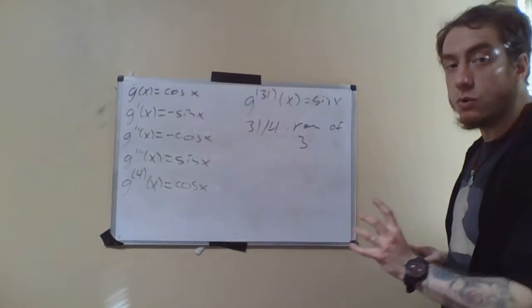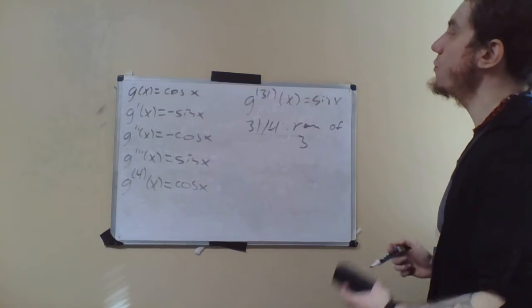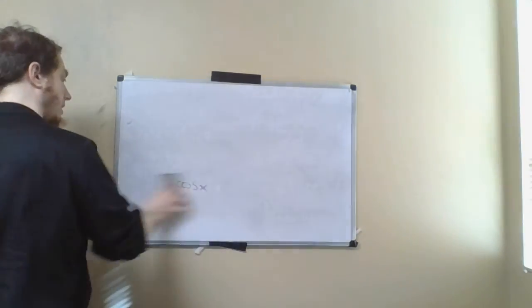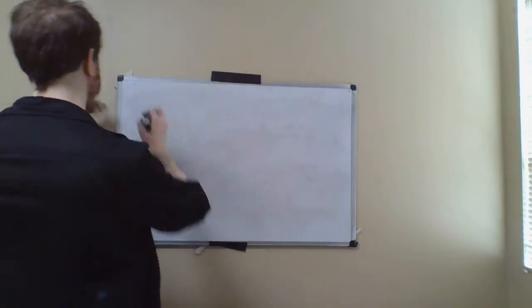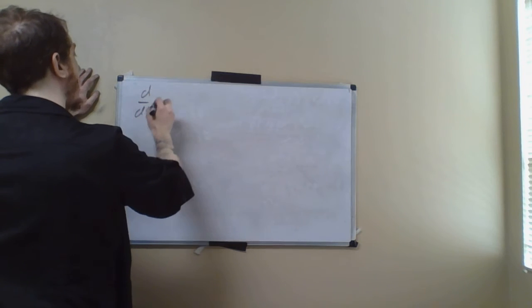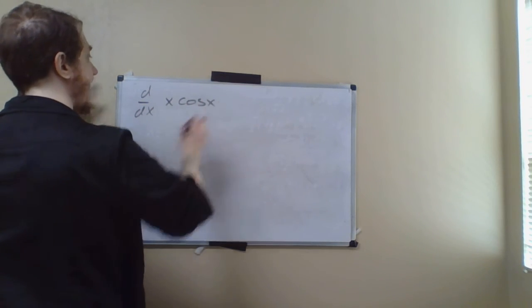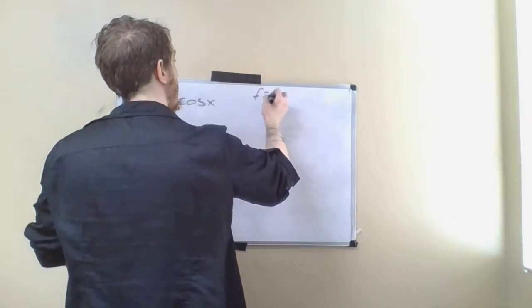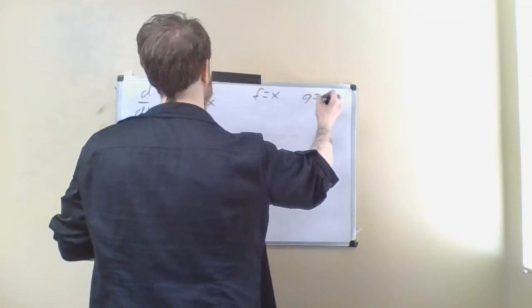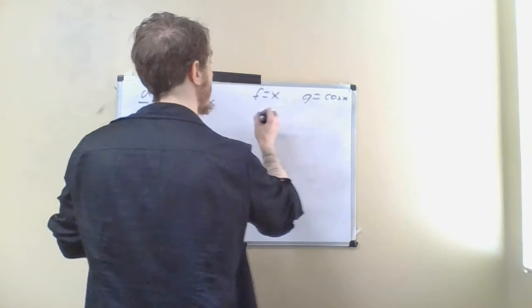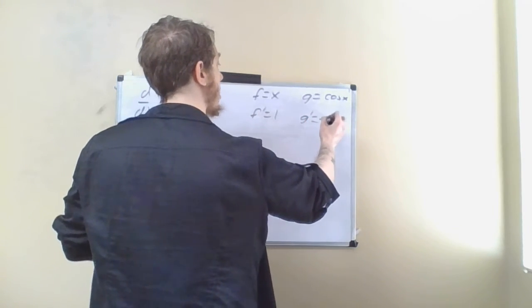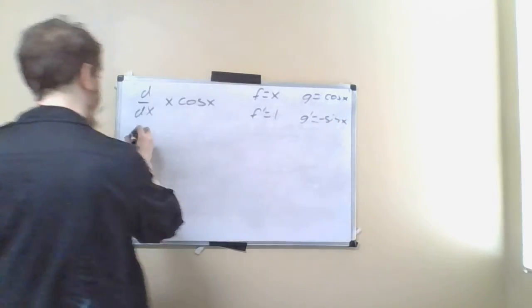Now, we can use what we have said so far together with the other rules we've had before as well. So for example, let's suppose that I wanted to do the derivative of x cosine x. Well, I can say my f is going to be x and my g is going to be cosine x. That makes f prime into 1 and g prime into negative sine x.